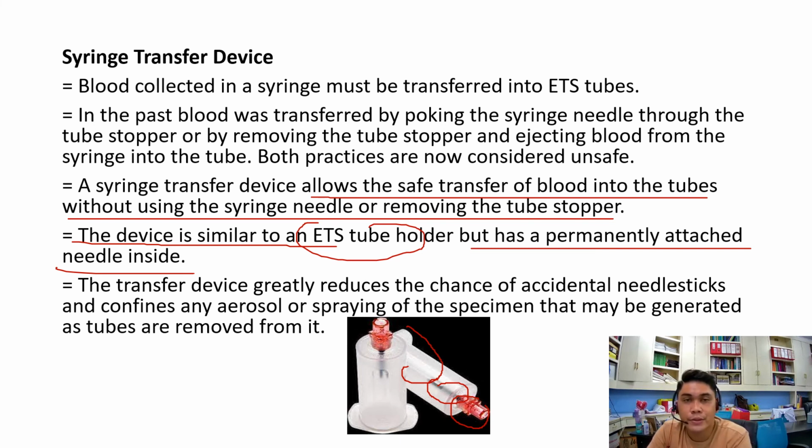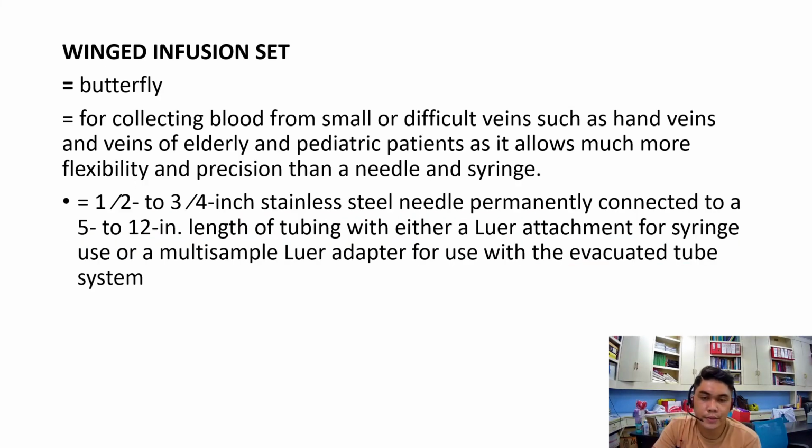Okay, so that's the purpose of your syringe transfer device. That's the best or ideal method of transferring blood from a syringe to an evacuated tube. Okay, so next type of needle, you have your wing infusion set or butterfly infusion set.